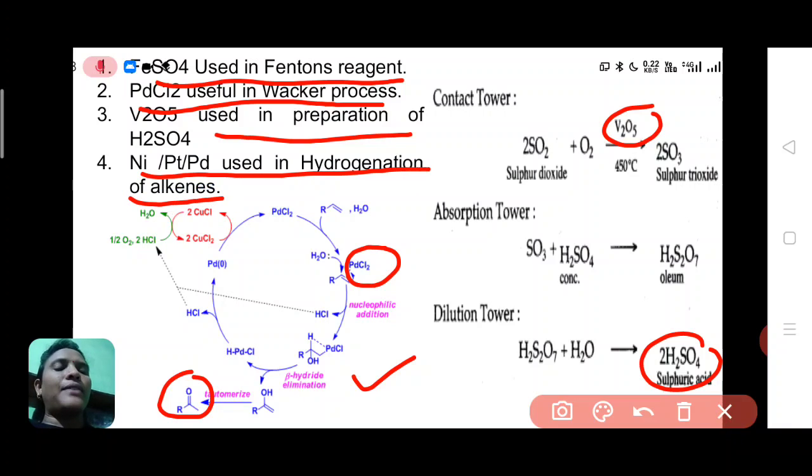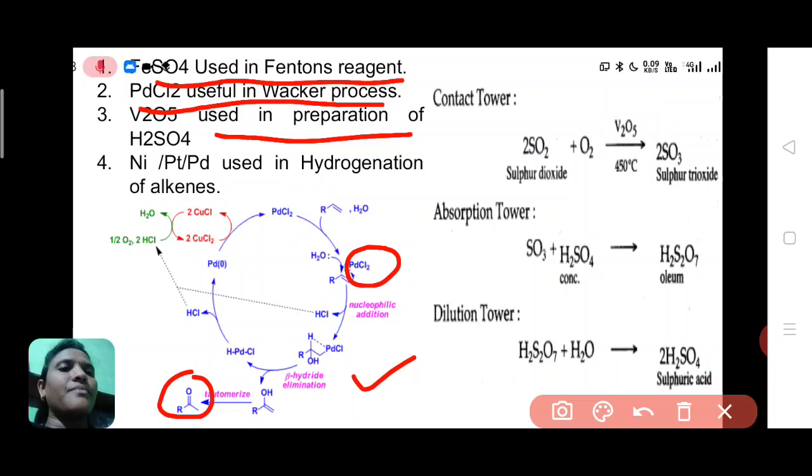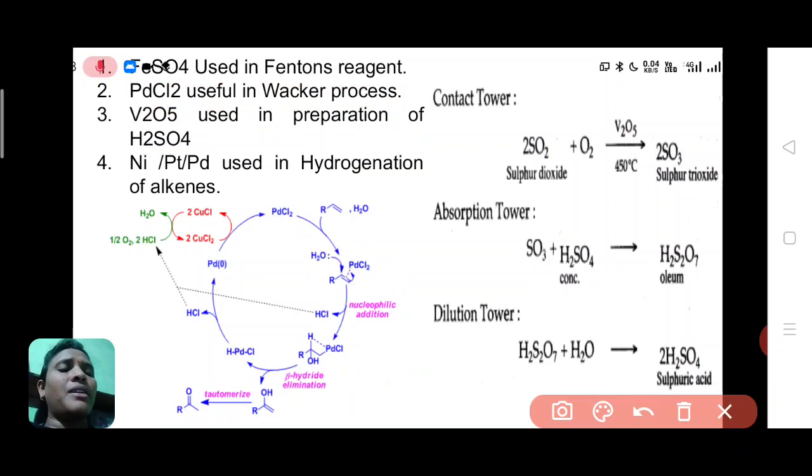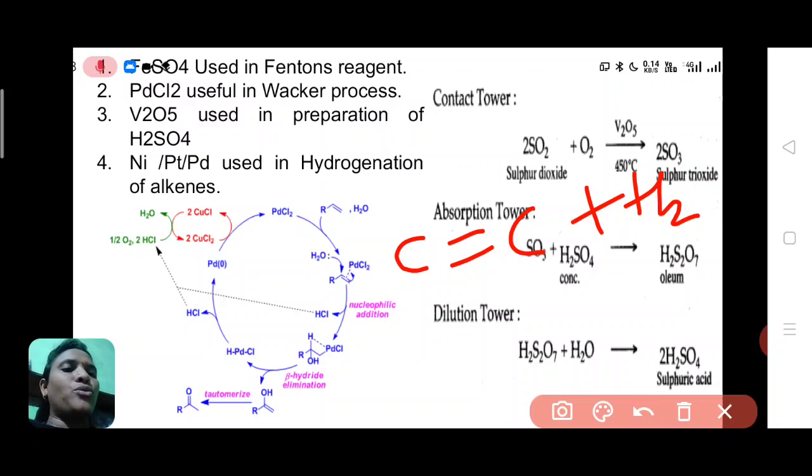You all know what hydrogenation is. Hydrogenation is the addition of hydrogen on alkenes. We have studied this reaction in our first year also. Alkenes means C double bond C. When we add hydrogen, H2 gas, we have to use nickel as a catalyst. Nickel, platinum, palladium, any one of these we have to use in this hydrogenation process.